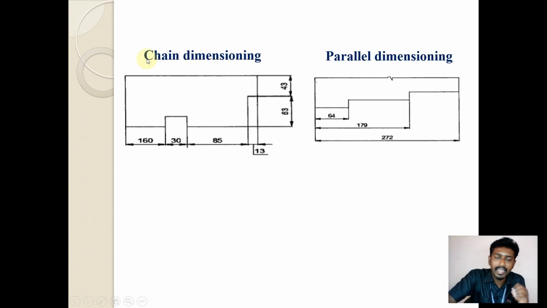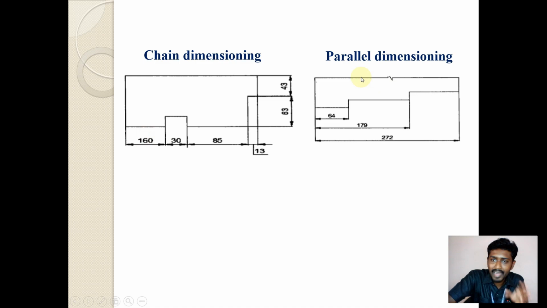Next is types of dimensioning. One is chain dimensioning and the next one is parallel dimensioning. In chain dimensioning, the extension lines are taken and the dimension line is drawn in a single stretch, and over the line the measurements are captured, right?